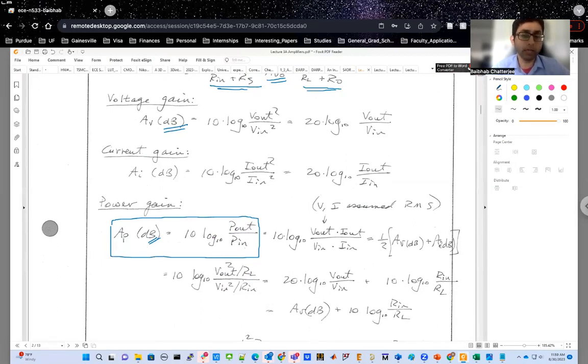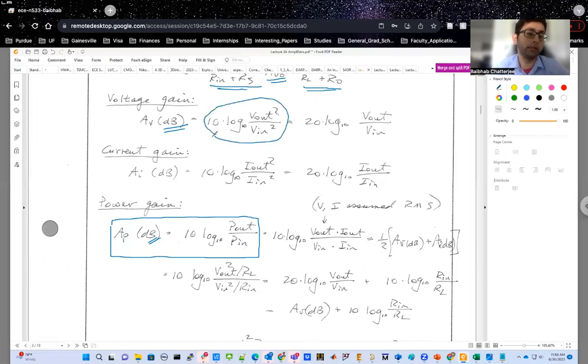In the scenario when RL is equal to R in, which you would assume in many cases in electronic circuit design, that you assume your input resistance and output load are matched, this RL and Rin will cancel each other, and you'll be left with 10 times log base 10 of V out over V in whole squared. That's what we are writing over here.